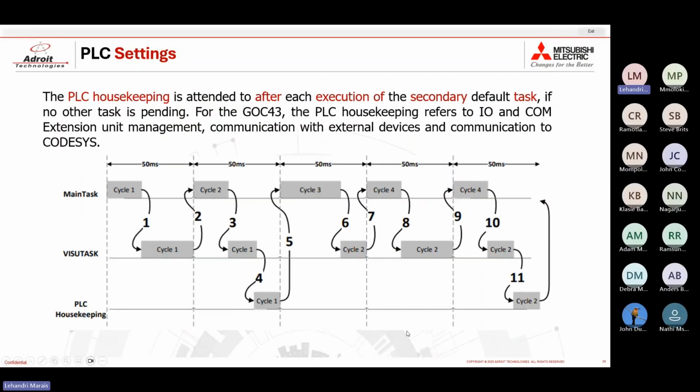After the visual task is executed, something called PLC housekeeping is executed. PLC housekeeping is always attempted after each execution of your secondary default task, if no other task is pending.